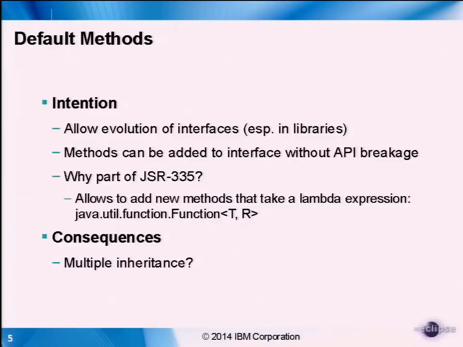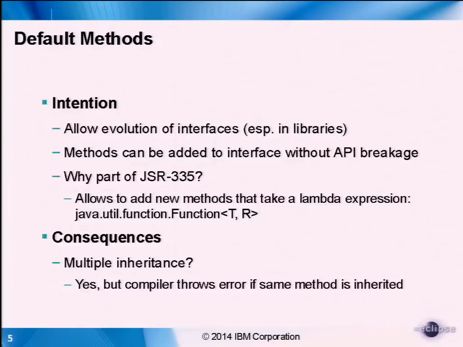So who thinks we now have multiple inheritance? Hands in the air. Okay, unsure. Three. Who thinks there is no multiple inheritance now? Okay, that's a tie. So yes, you will have multiple inheritance.